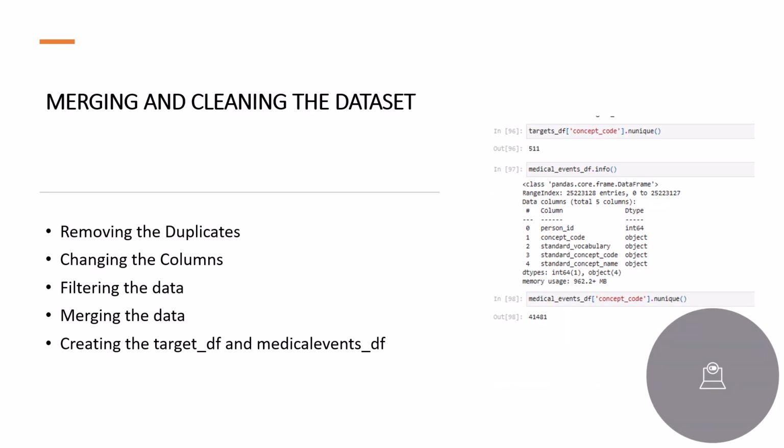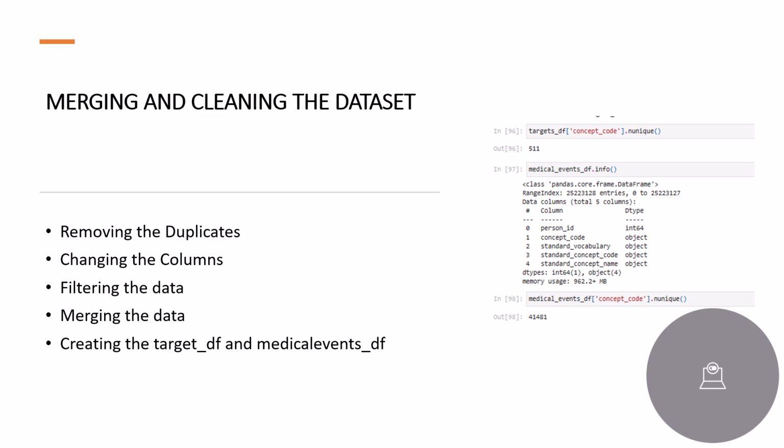In this step, we focused on preparing the dataset for analysis by cleaning and organizing it first. We removed all the duplicate entries to ensure data accuracy. Then we updated and standardized column names to keep everything consistent. We also applied filters to make sure we retained high-quality, usable data.